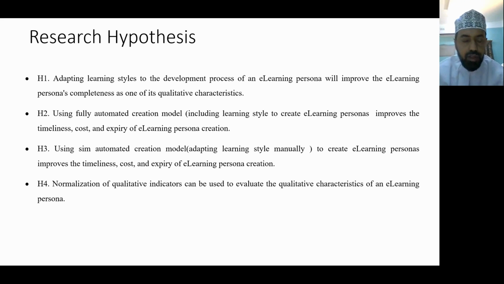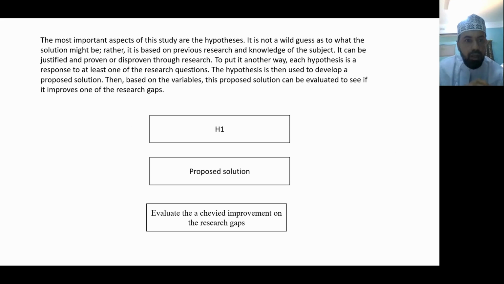Research hypothesis. To me, the hypothesis is the most important part of the research, because the most important aspect of this study is the hypothesis. It is not a wild guess as to what the solution might be.